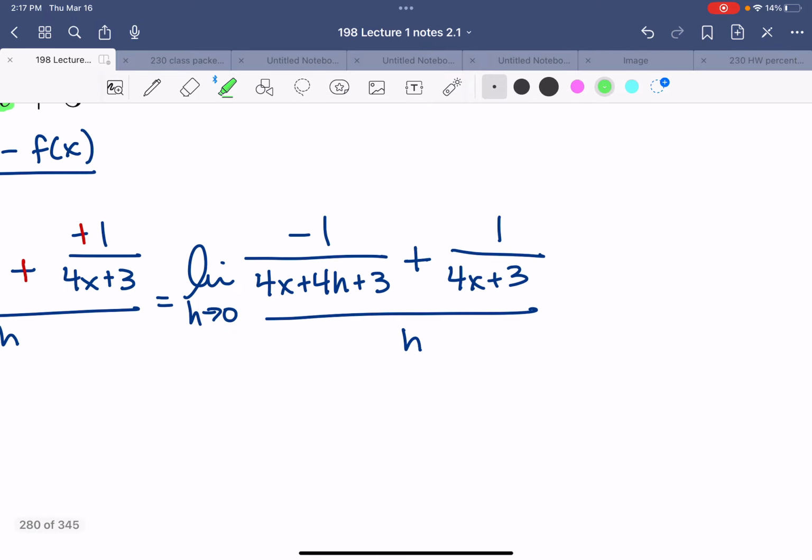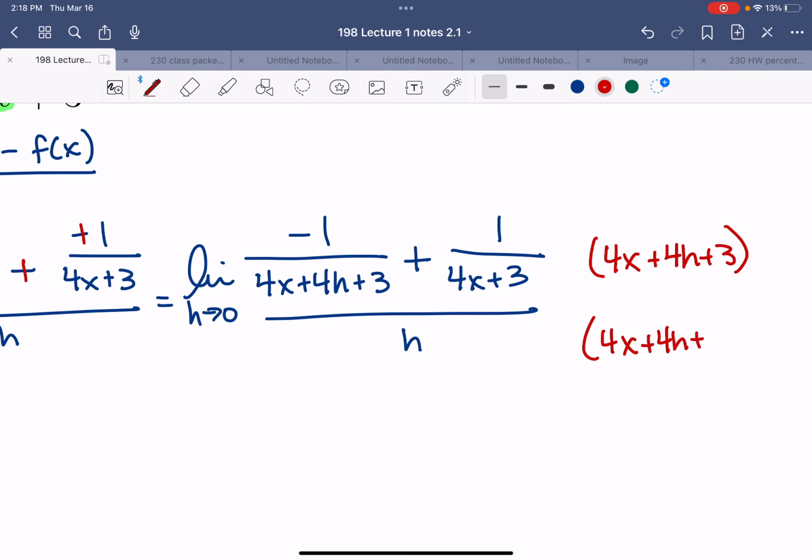Okay, now I want to clear my denominators. So I want to clear this denominator and I want to clear this denominator. So I'm going to multiply by both denominators. So that means I'm going to multiply the top by 4x plus 4h plus 3 and the denominator by 4x plus 4h plus 3.